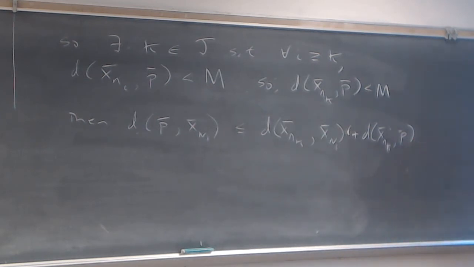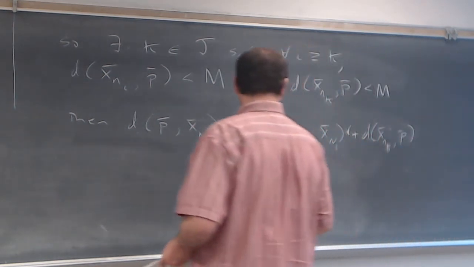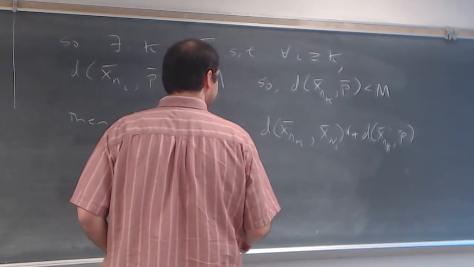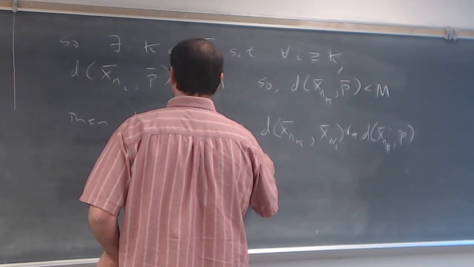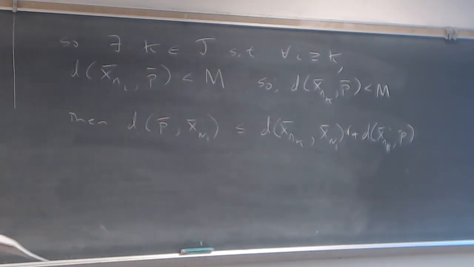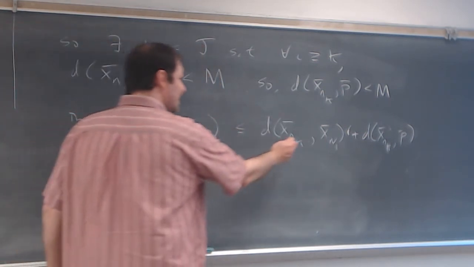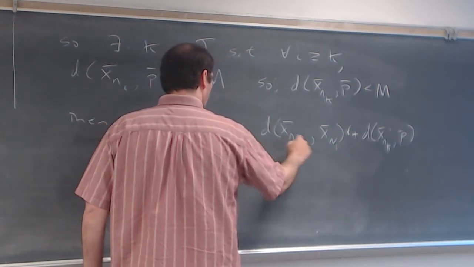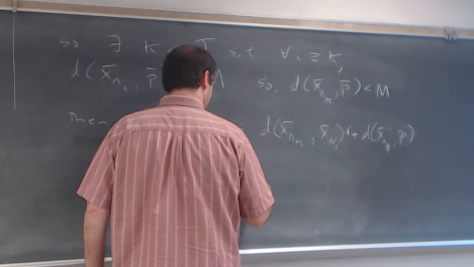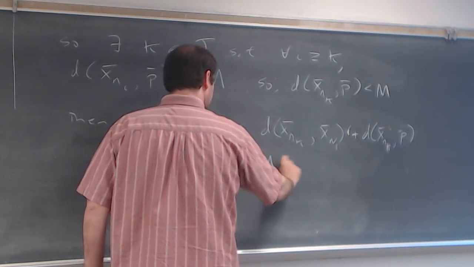Okay. And this guy right here, x sub n sub k, its distance from this particular term of the sequence. Remember, we showed you that all the terms of the sequence, their distance from that one is going to be less than m plus 1.